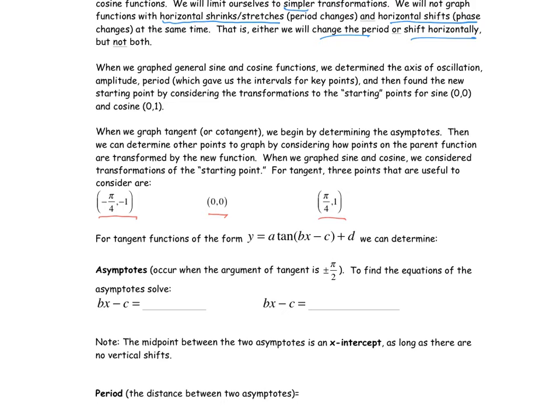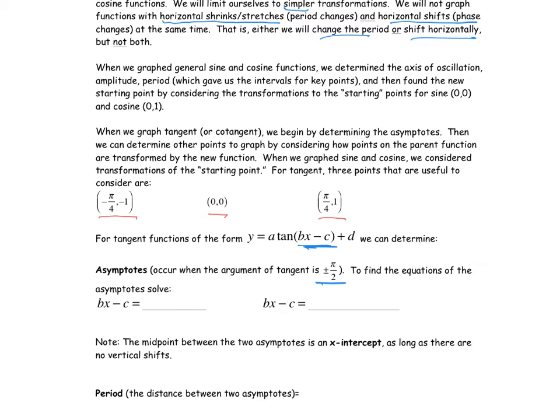So we know that in the base period of tangent, we have asymptotes at plus or minus pi over 2. In the analysis we did before, we said that we had vertical asymptotes at x equals pi over 2 plus pi n, but for now we're just going to focus on the base period, the base cycle that goes through the origin. Now instead of having just x as the argument inside the tangent function, we have bx minus c.